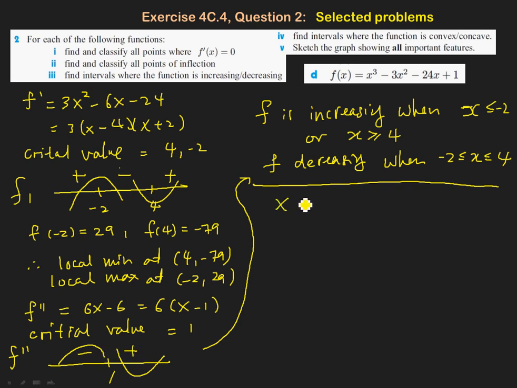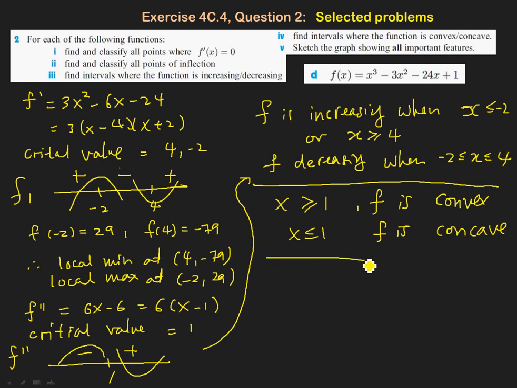So when x is greater than 1, f is convex. When x is less than 1, f is concave. You better write down all this theory into your student reference sheet for your tests and assessments. They are very, very useful.